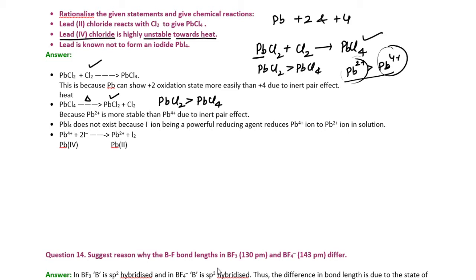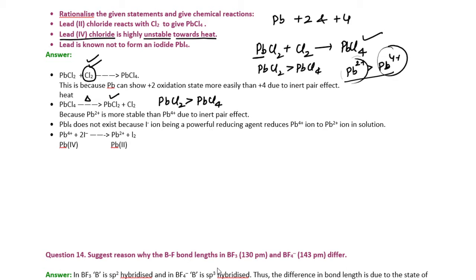Because if chlorine is in excess, then it can be formed, right? Now, next question. Lead is known not to form an iodide like PbI4. Why is it so?